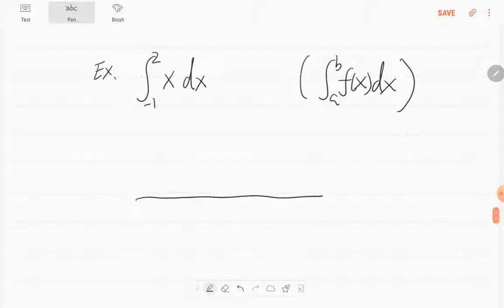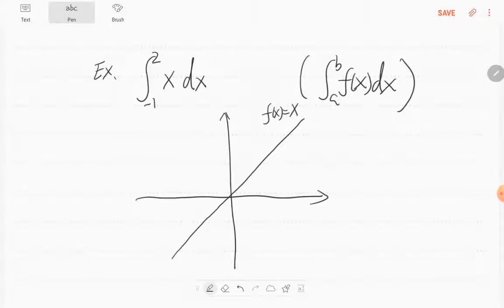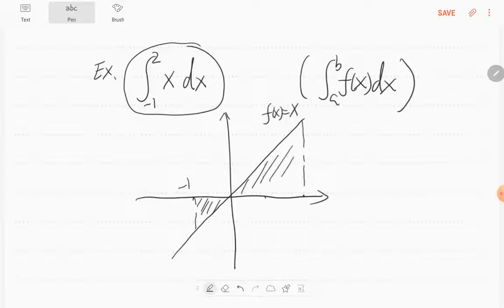So we can draw the graph for f of x equals x. The region is from -1, this is 1, and 2. So this integral asks you to find the sum of the signed area for the shaded region.